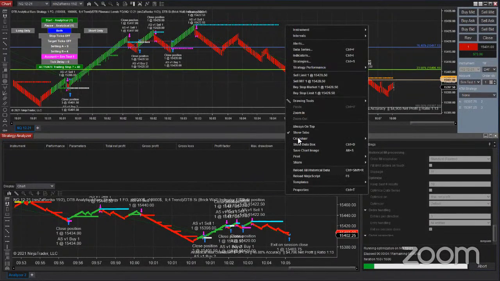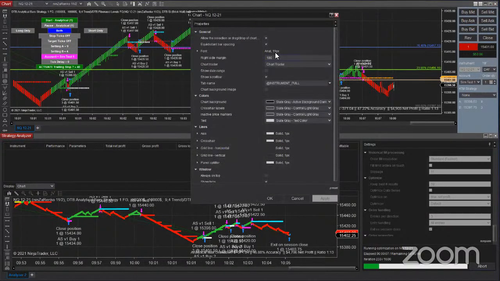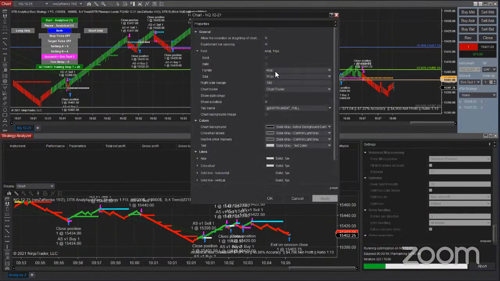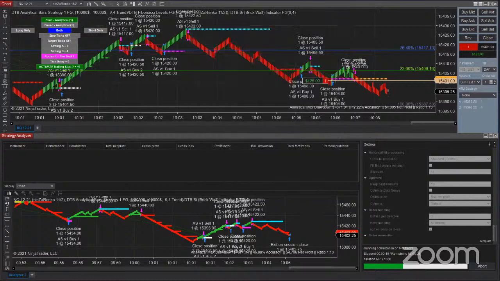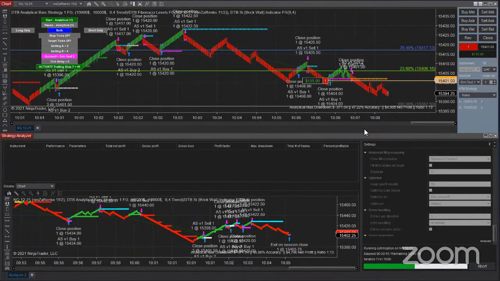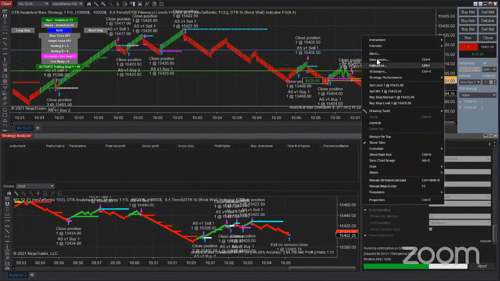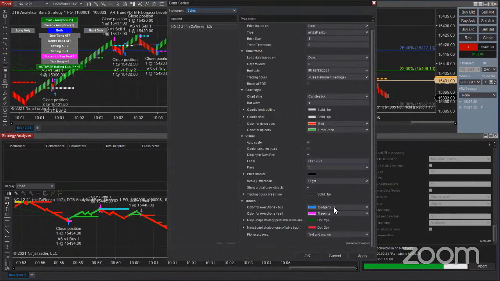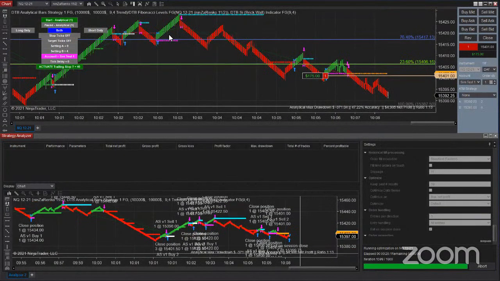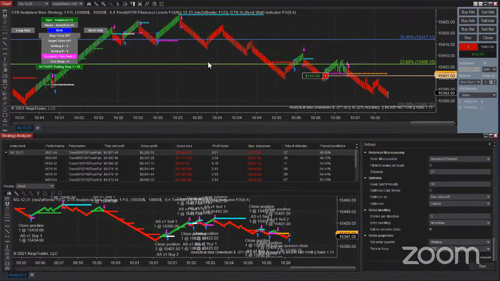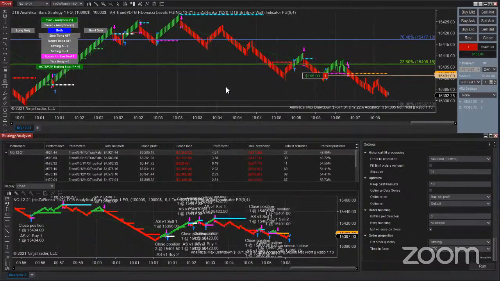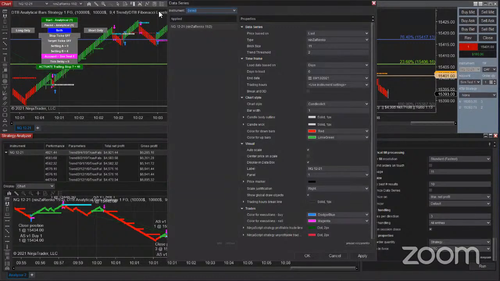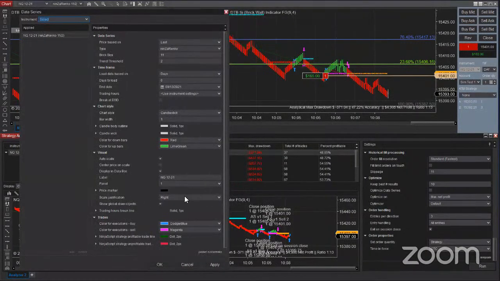I might just make this text on here a little bit bigger. It seems to be a bit small. Let's make it like 16. A bit bigger, so now you can see a bit more of the text on there. I might just take off on the data series the text for the things and just leave markers, just so it's a little bit neater on the page. There we go. And what I suppose I can also do to make it more visible for the guys watching is go to the plotting of the position.